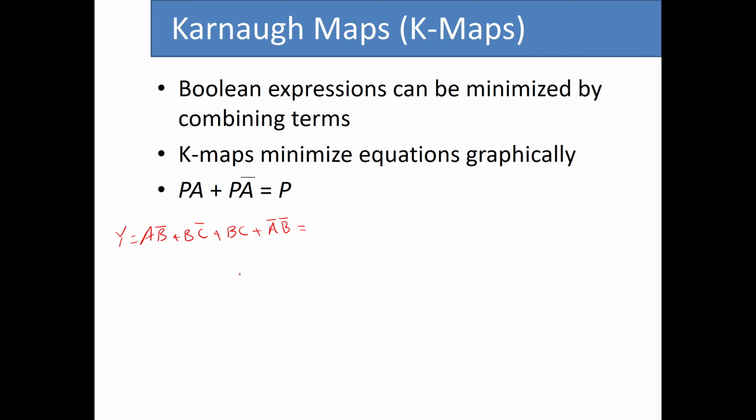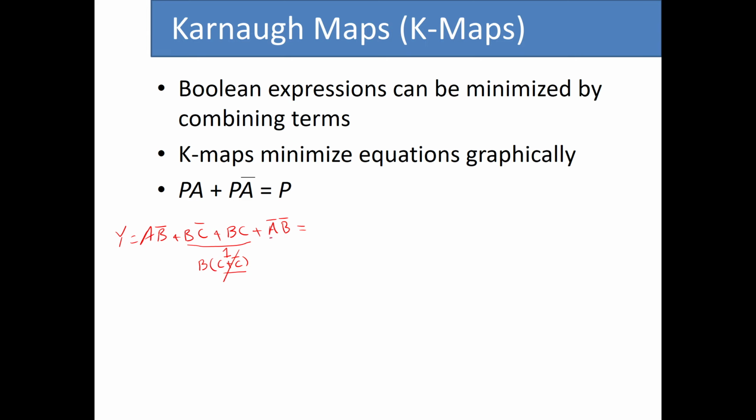One thing we can see here is that between these two we have B in common. So we can factor out B and then we have C plus C bar, right? Now we know that C plus C bar, or more specifically C or C bar, is going to be 1, because either C is 0, C bar is 1, which makes it 1, or the other way around.